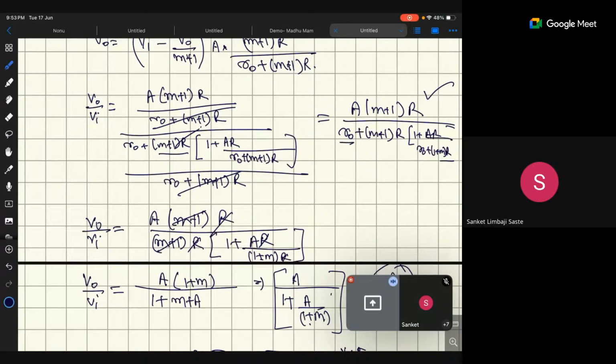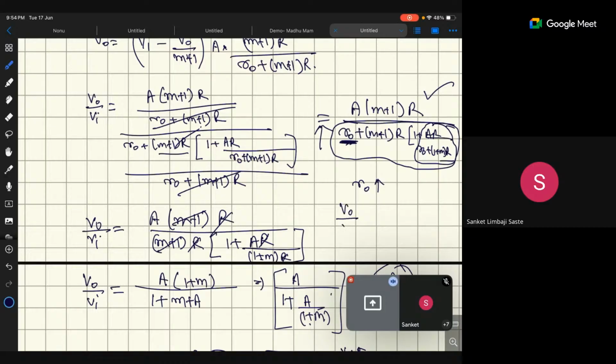Now, if R naught is increased, this component will decrease, and since R naught is increased the complete denominator term will increase.